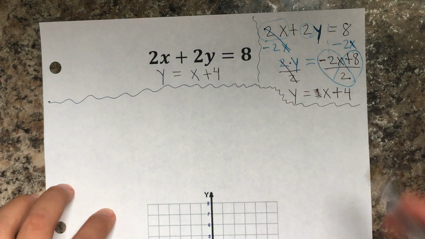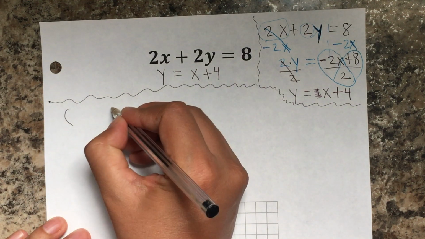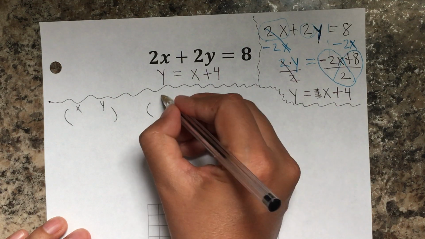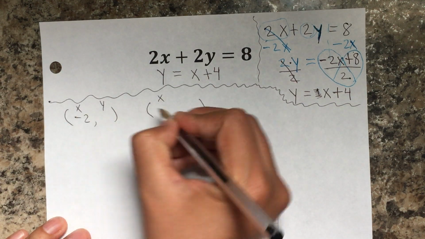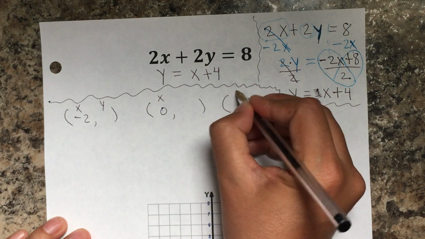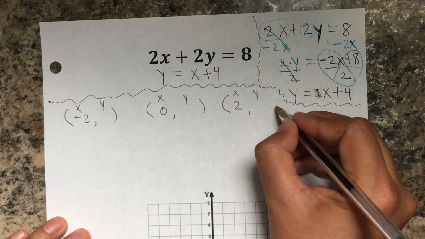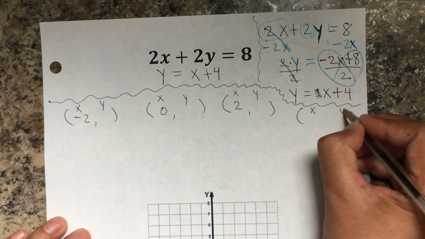Now, having that, I can choose the 4 points that I want to do. And I'm going to choose the same values. You can choose other ones if you want to. So I'm going to put negative 2, 0, positive 2. Remember that you can put other values if you like and you will get different points, but you will get the same line, okay?